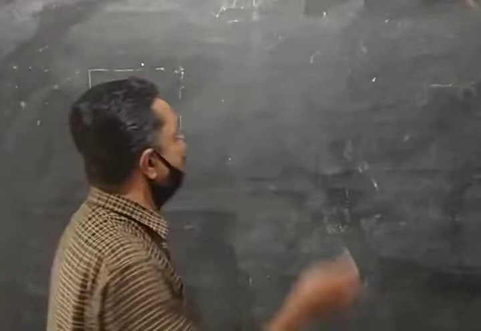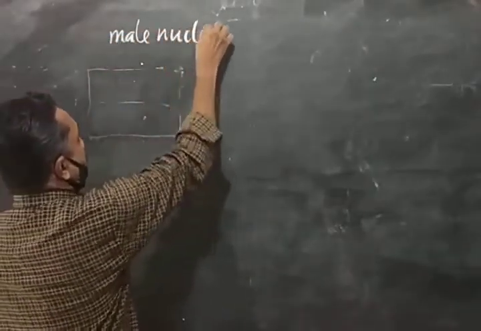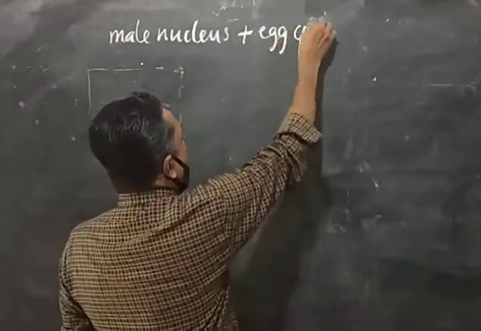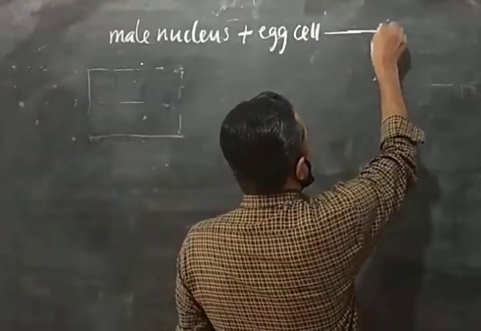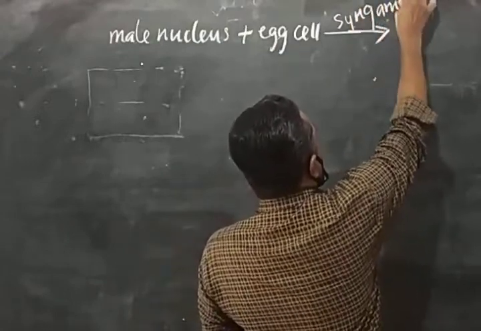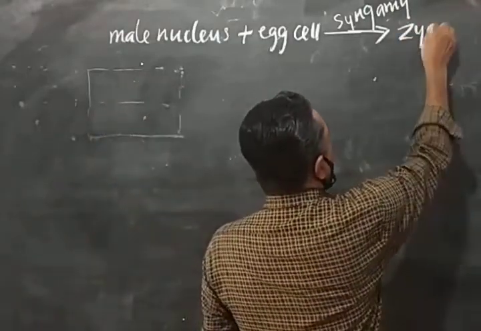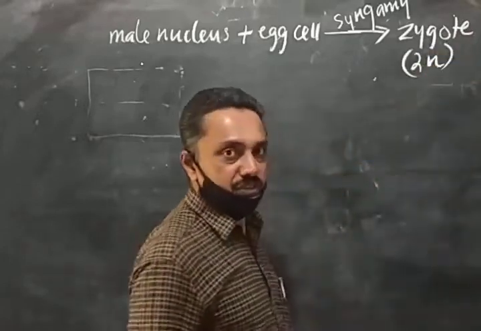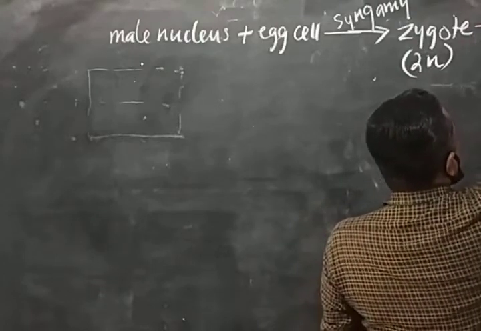In the first stage, one of the male nuclei joins with the egg cell or female gamete. This process is called syngamy, resulting in a diploid zygote, which later develops into the embryo and the future plant.